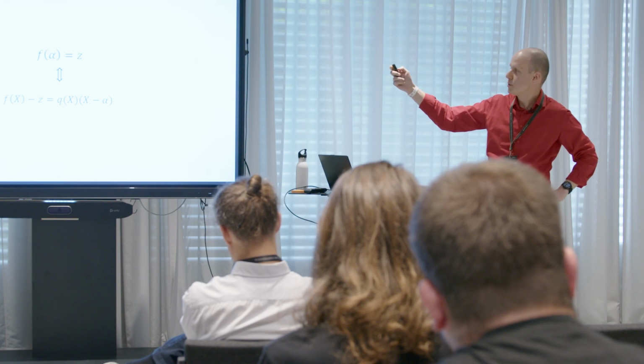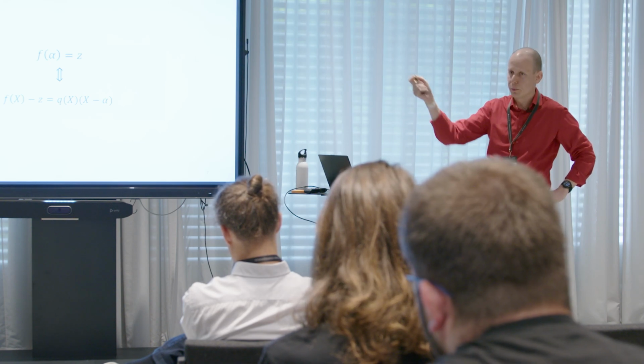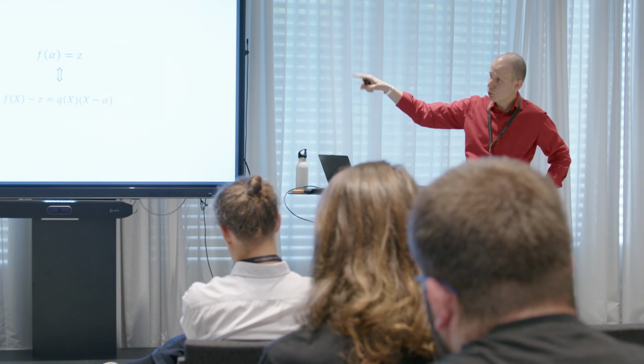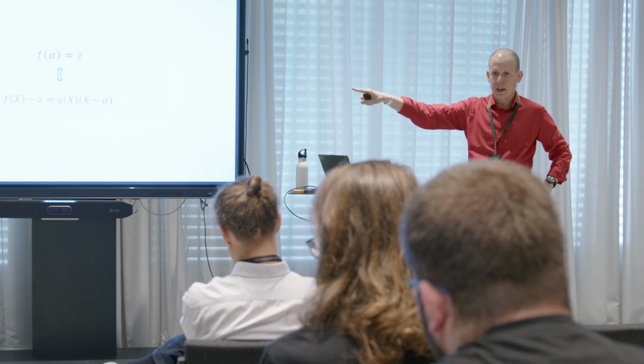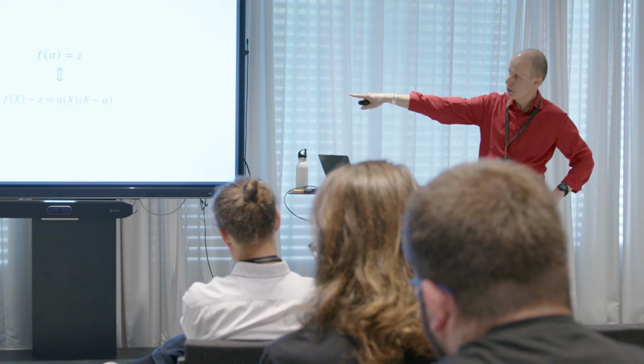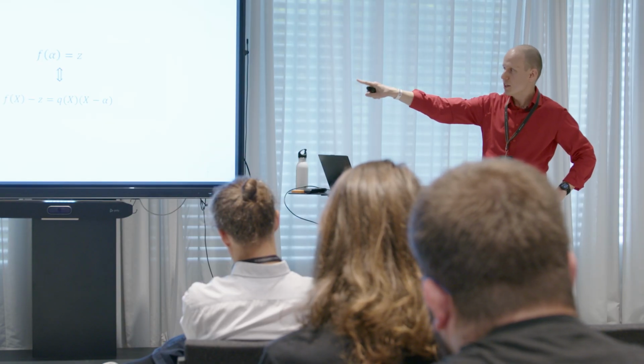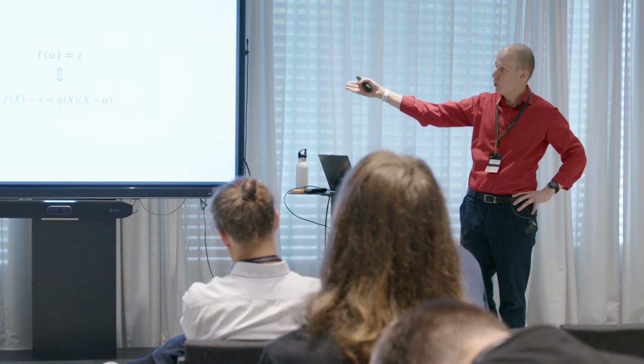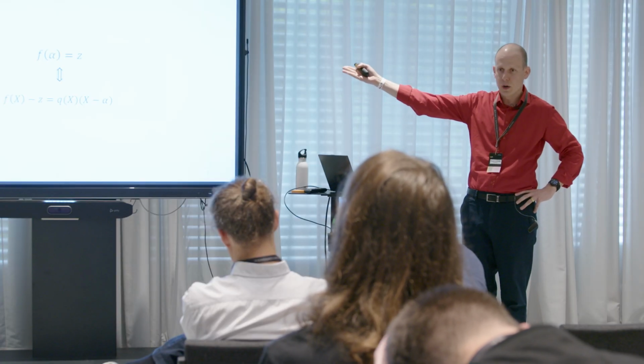So if it holds that at this specific point, this local property, that f of alpha is z, then if I take the polynomial f and subtract z, the left side of the equation has a 0 at alpha. Because f of alpha is z, so f of x minus z would zero out at alpha.